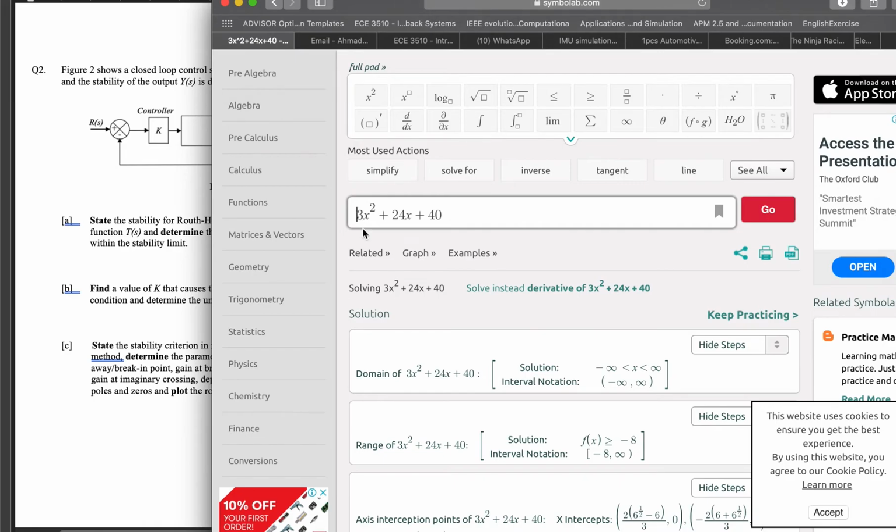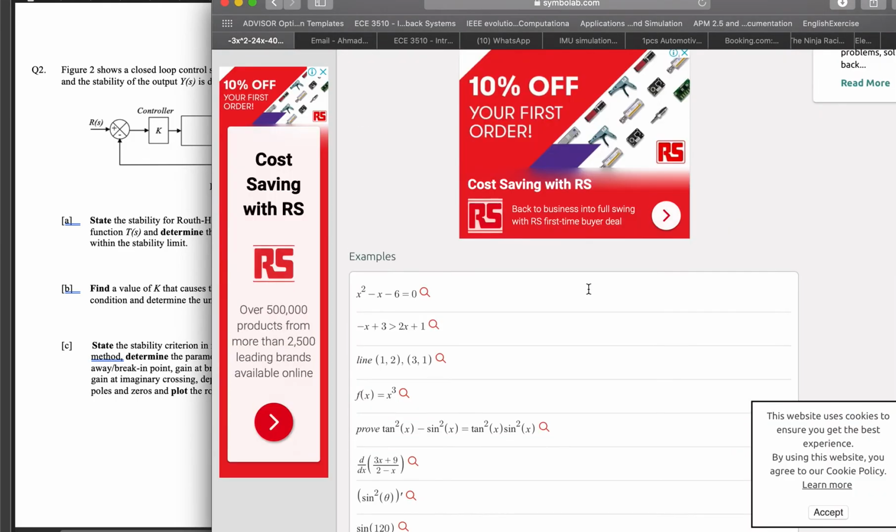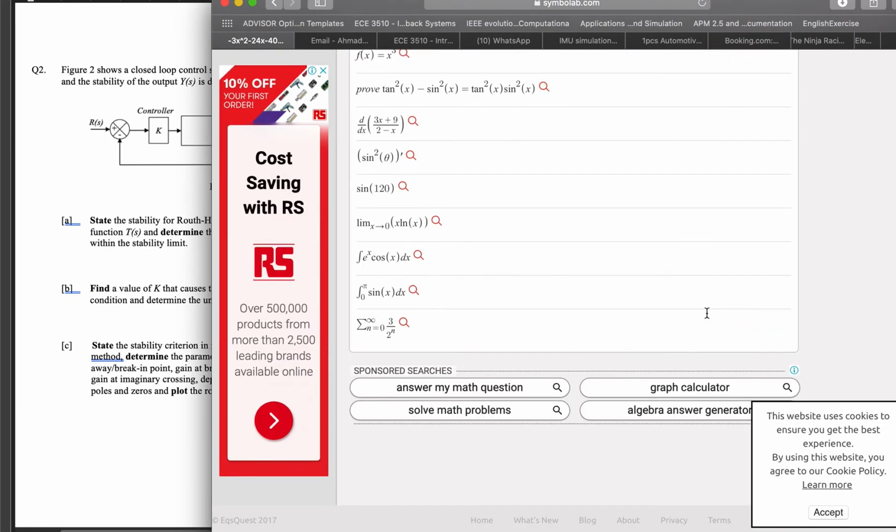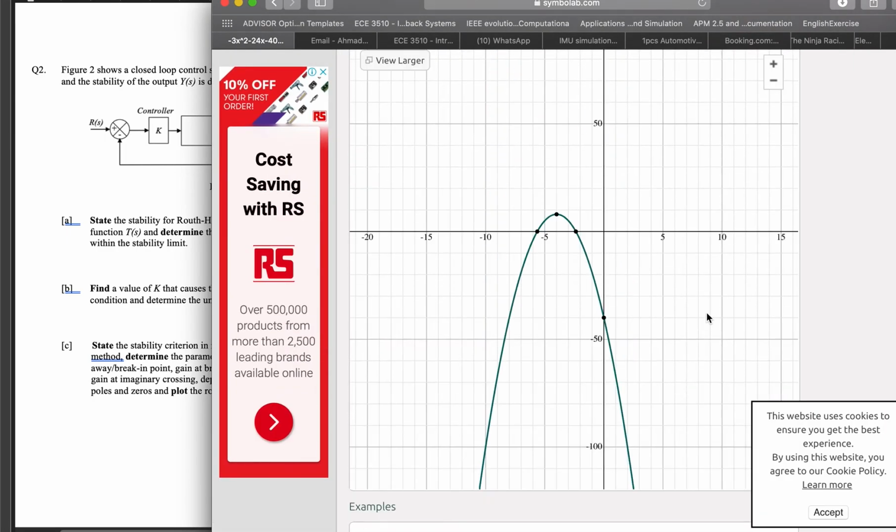So how about we put negative here, put negative there, negative there. Okay, sorry, okay, it becomes slightly different because there's negative here.